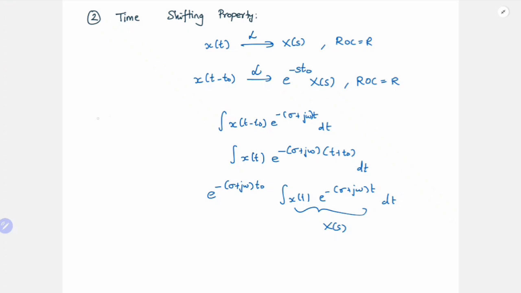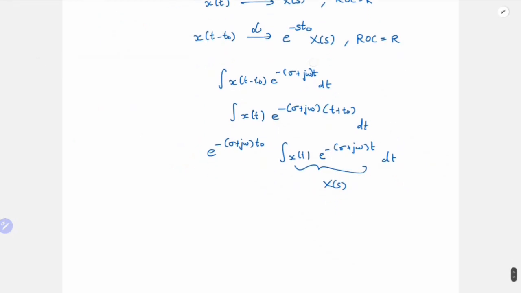Again, to visualize it, if you have this e power sigma t and if you have the signal x of t, if it is stable for sigma, right? If it is stable for x of t, it is also going to be stable for x of t minus t naught. Even if you shift it left or right, it will still be finite and it will converge. So that is the visualization.